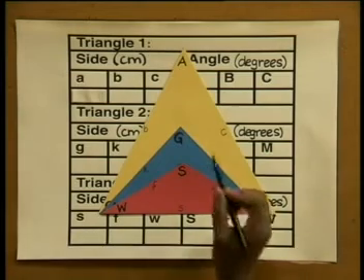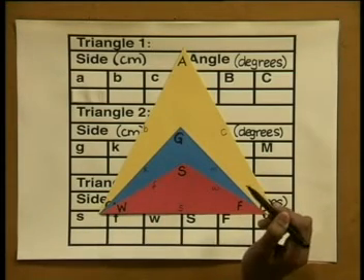Let's measure the angles in a few examples of isosceles triangles and see if we can find an answer to our question. Here I have 3 triangle cutouts of isosceles triangles.